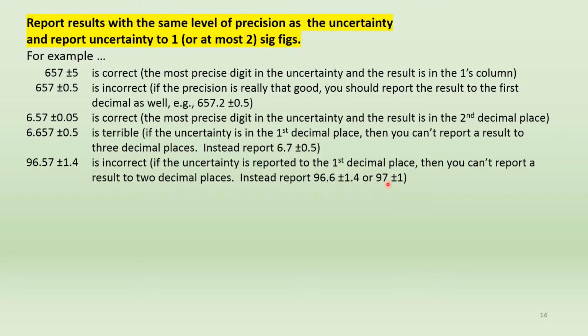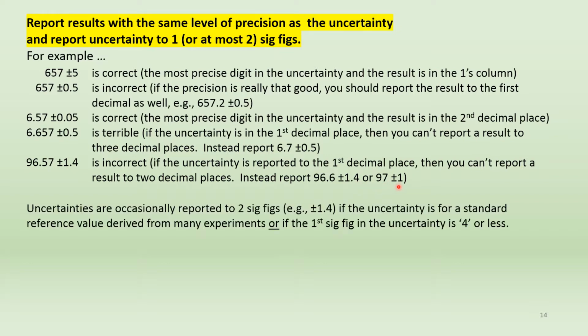Now I've introduced another variant here. How many sig figs should I actually report? 1.4 has 2 sig figs, 1 only has 1. Well, uncertainties are occasionally reported with 2 sig figs, as in this example, 1.4.